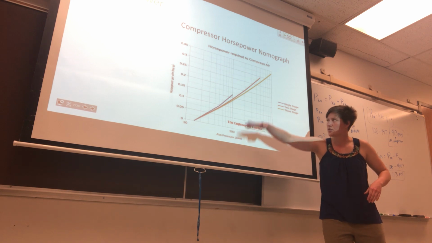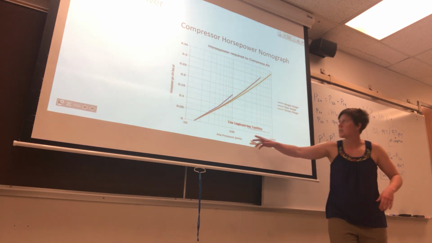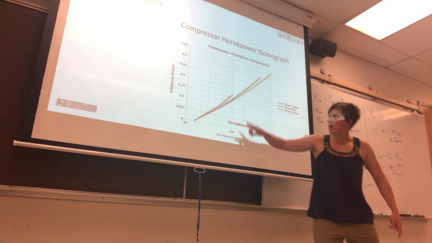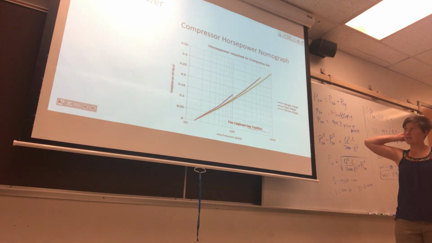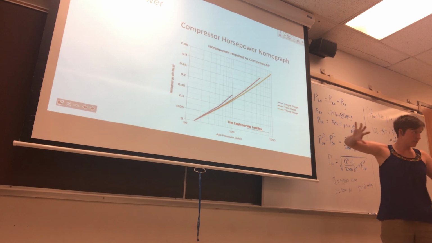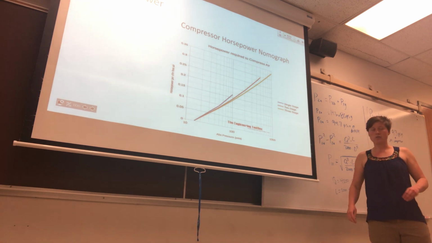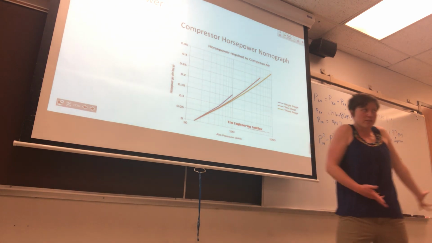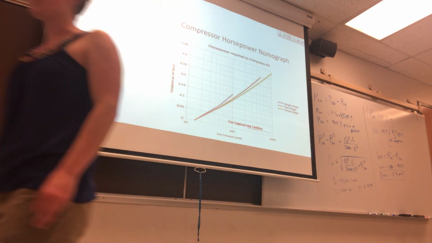And if you have certain air pressure, you can determine the horsepower per CFM of free air. So that online tool uses graphs and experimental and theoretical data to give you that horsepower. So feel free to use the equation, but I would use the online tool.